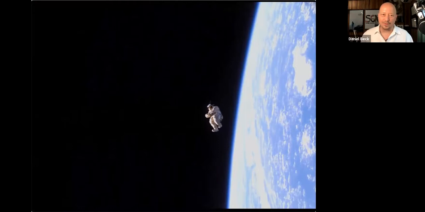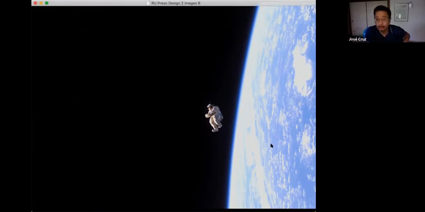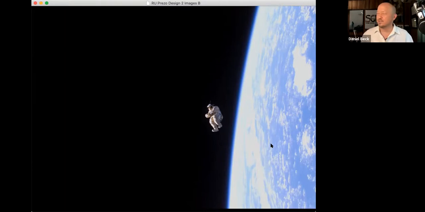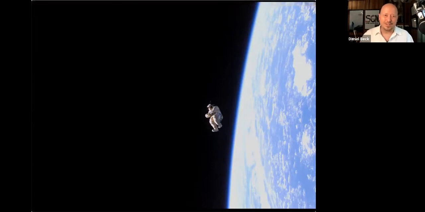Just a quick poll. Put up one or two fingers. It seems like most people are going with two, and I would agree. It's really powerful. Here you have the astronaut facing out from the Earth, and it's just empty space. It gets you thinking, where is this person going?